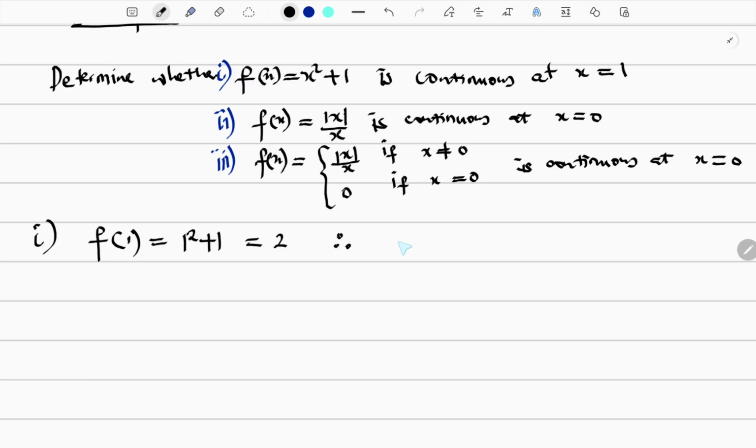Therefore, f of 1 is defined. I'm just writing everything for clarity reasons. Right, f of 1 is defined.